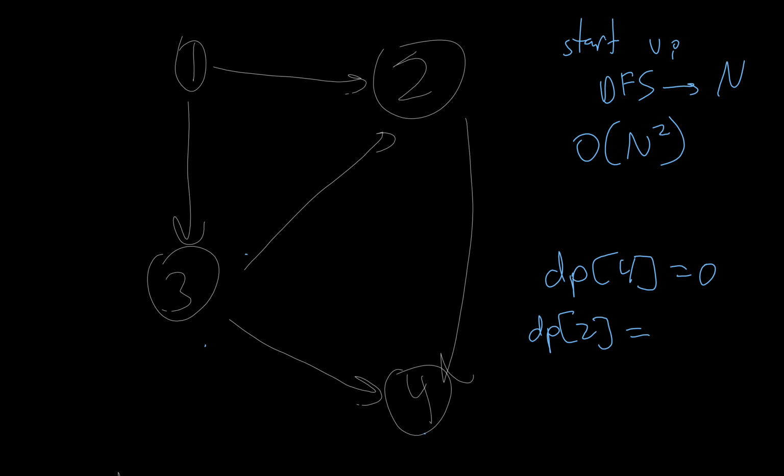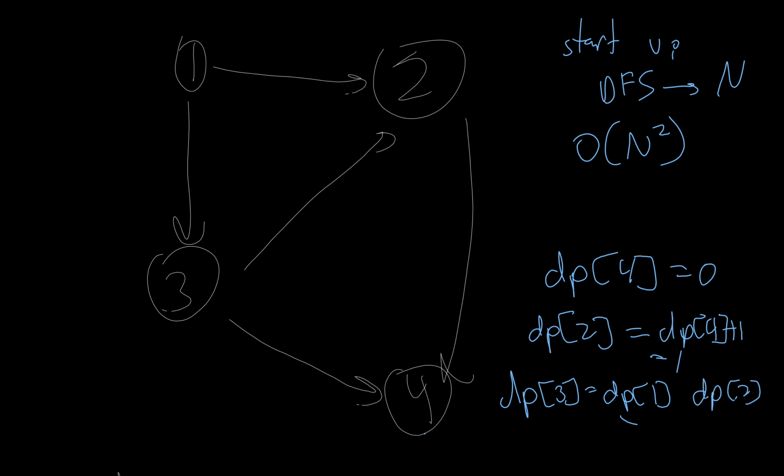Because 4 is its only child, the DP of 2 is just DP of 4 plus 1, which is 1. Now for 3, it has 2 options. So the longest path from 3 is equal to either the longest path from 4 or the longest path from 2, so it's the max of that plus 1.